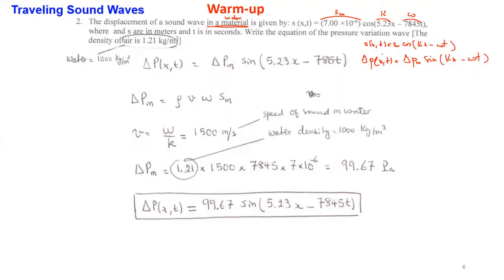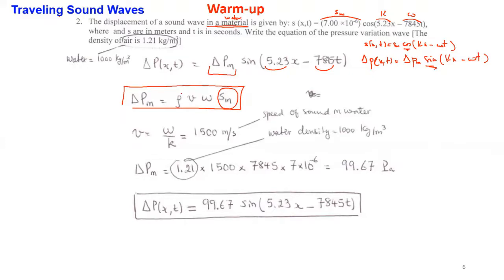Basically, they are out of phase by pi/2. So here I have a cosine and here I have a sine. So the pressure variation wave will be this. I have to get this. I already know K and I already know omega. How do I get delta Pm? I apply the formula: the pressure variation amplitude is the displacement amplitude times rho times V times omega.